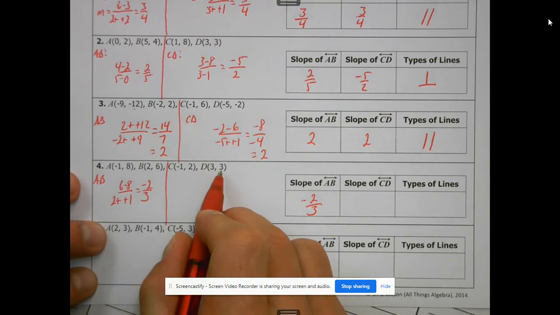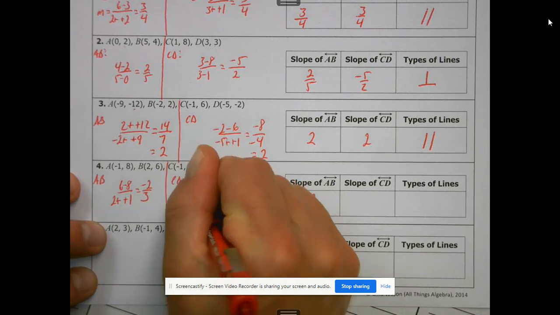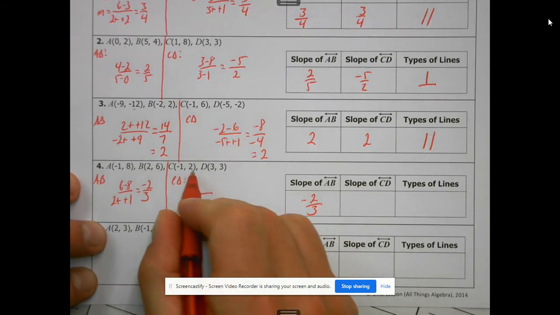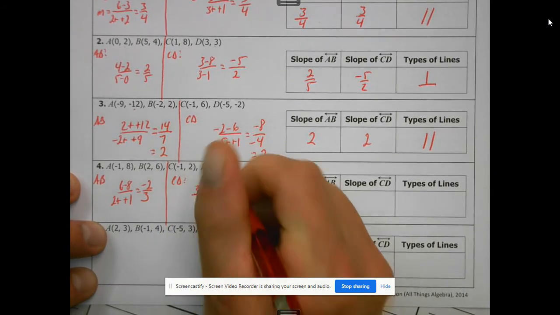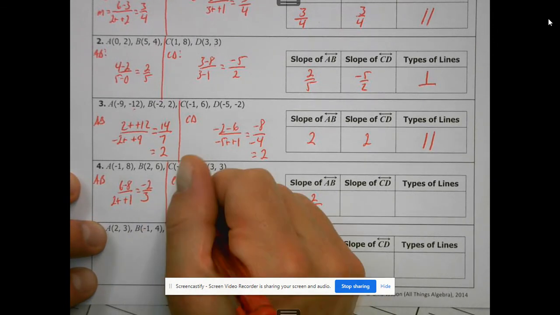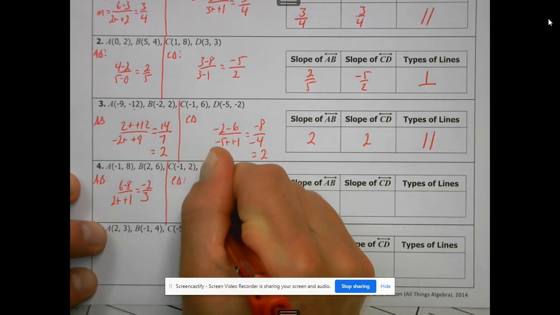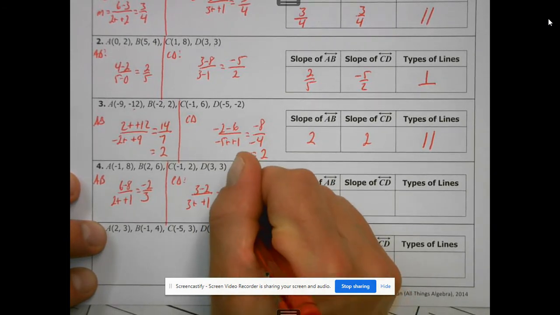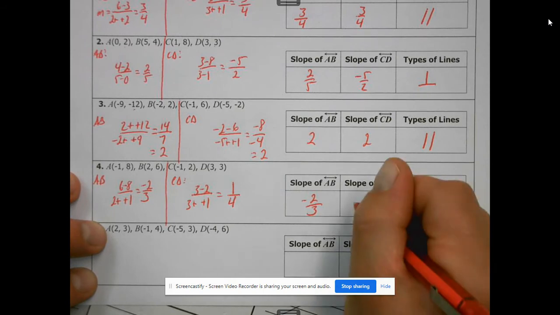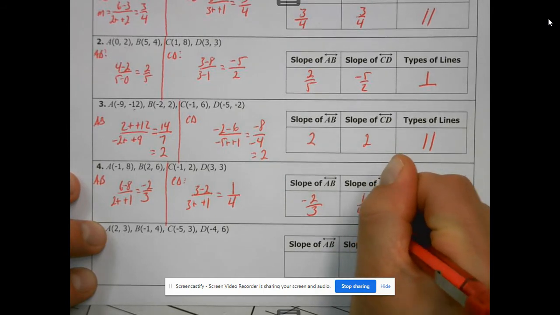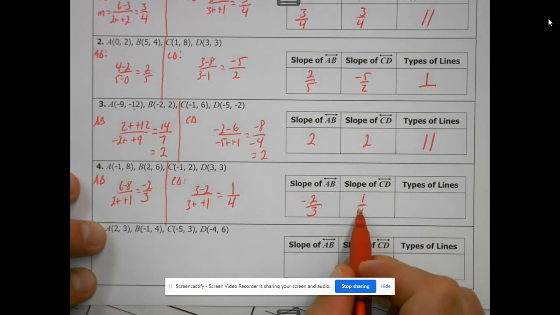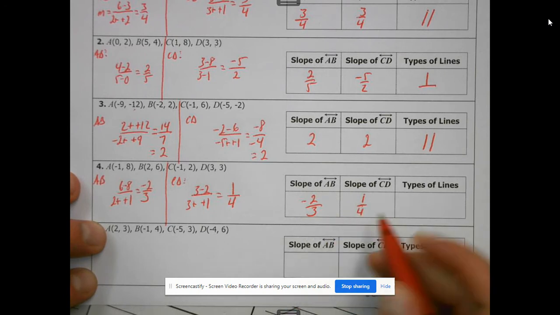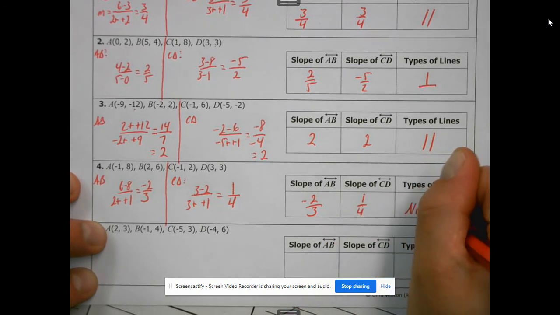For CD, let's see here, 3 minus 2 over 3 minus a -1, plus plus. Up top, that gives me a 1. Bottom, that gives me a 4. Slope of CD is 1/4. These are not the same, and these are not negative reciprocals. These lines are neither.